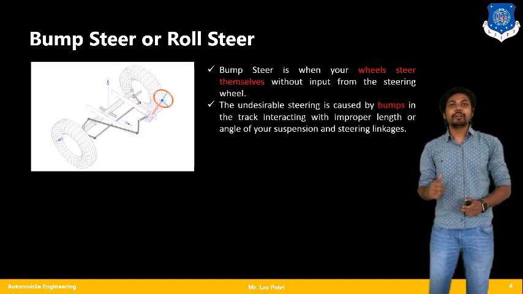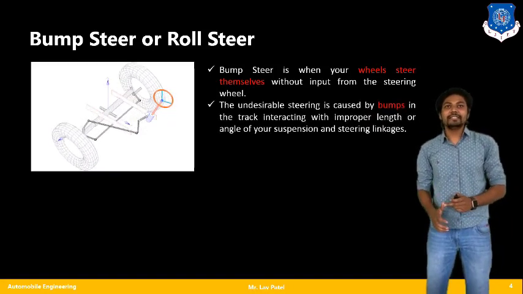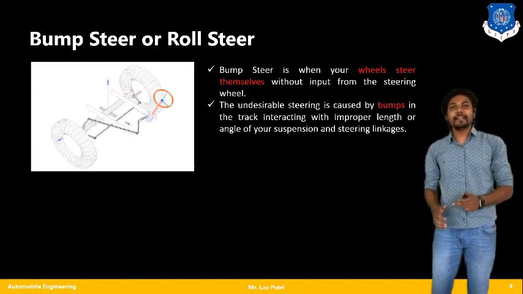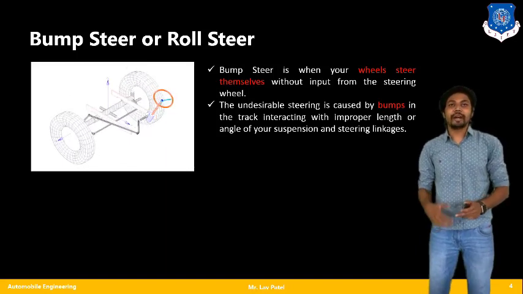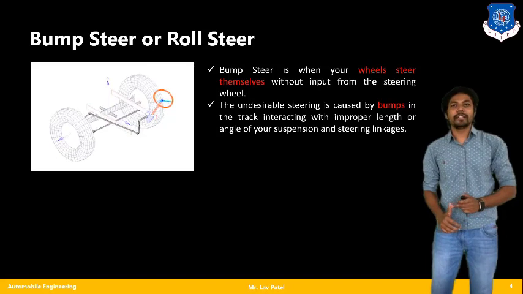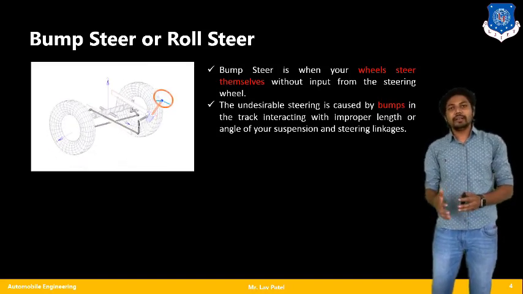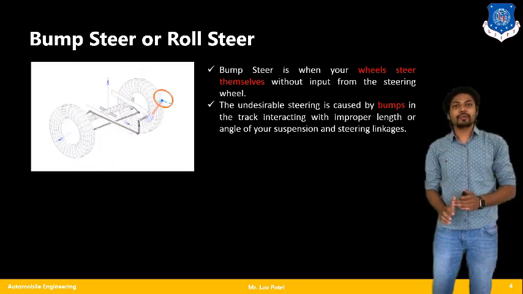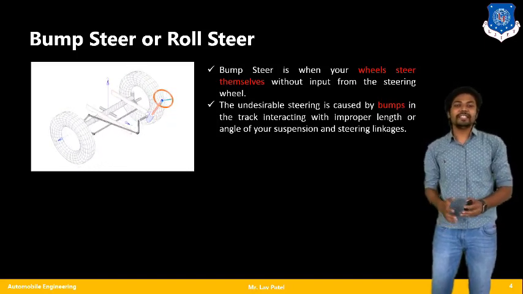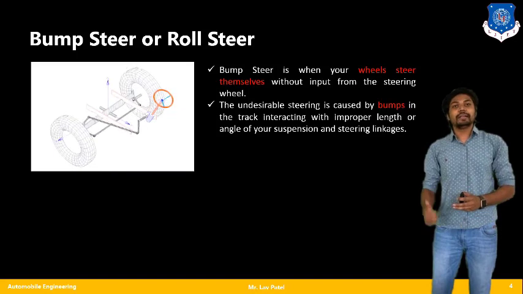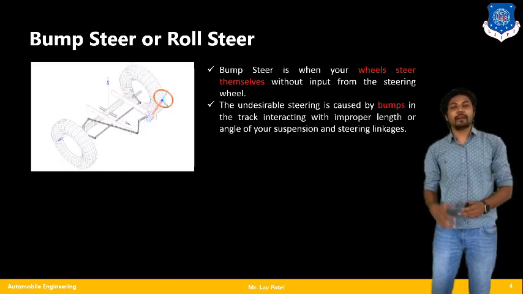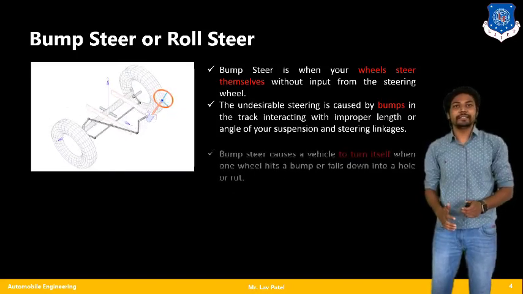This is bump steer, and it is undesirable steering that is caused by a bump or any other road condition, or any track with improper road condition, also by changing tie rod length, suspension effect or different steering linkages.